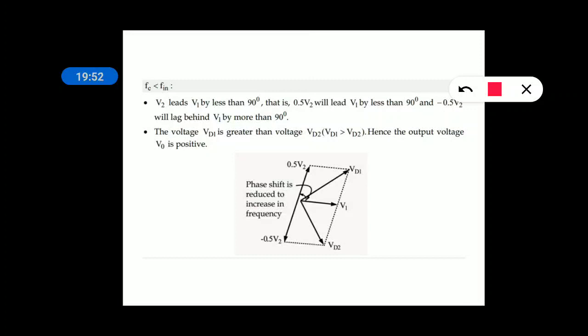That means when input frequency is higher than the center frequency, the upper half winding will produce less voltage in the positive direction, whereas the lower half winding will produce more voltage, right? Here VD1 is greater than VD2, and the output voltage is positive, right?